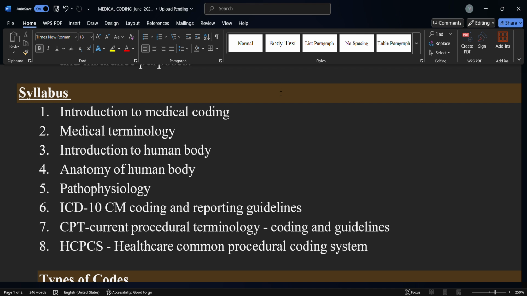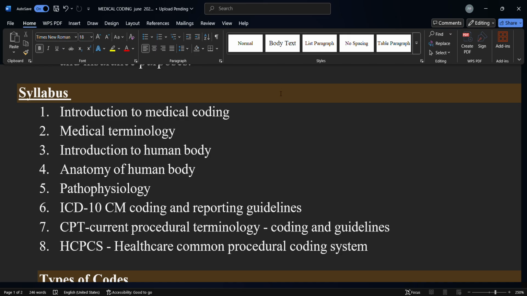Next main textbook is CPT, or Current Procedural Terminology. CPT contains a lot of services, procedures and their particular codes also. Procedures means surgery related procedures and services.